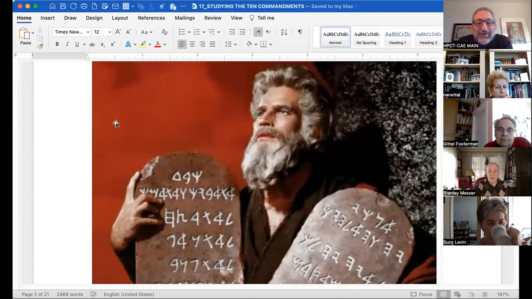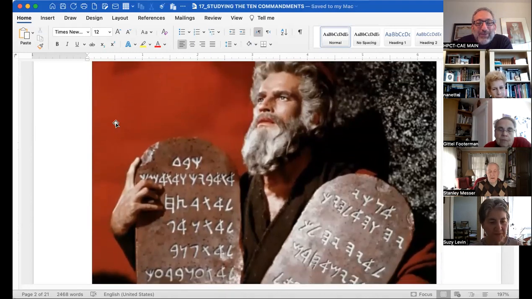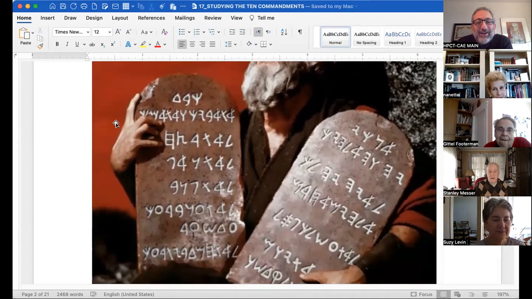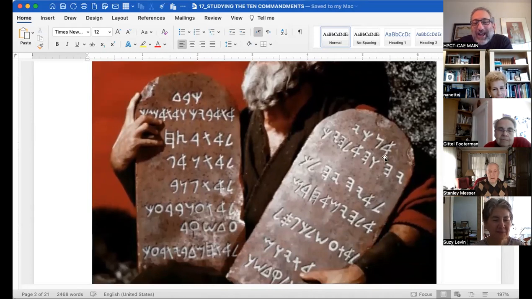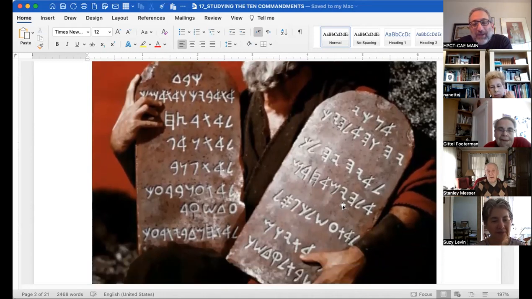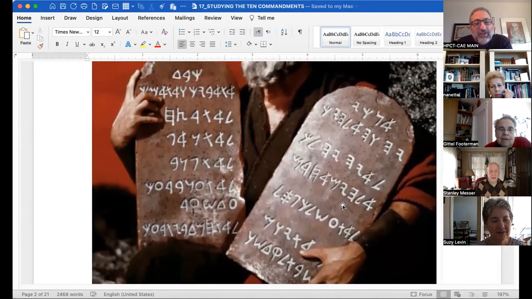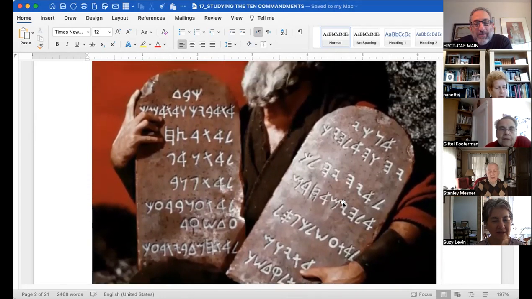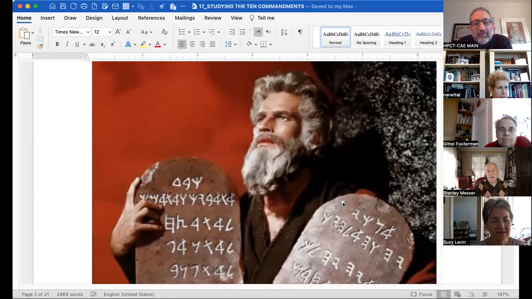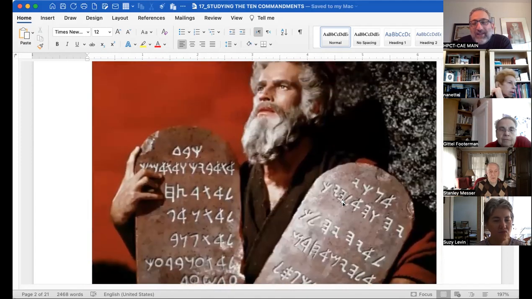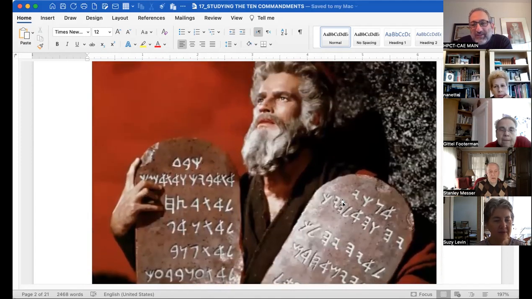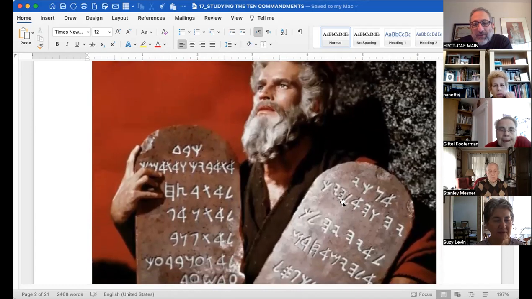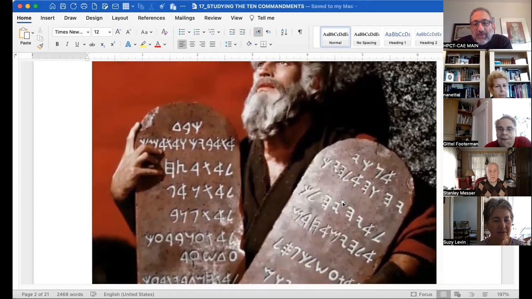Here's the beautiful Charlton Heston, and okay, they got it right, and I've not deciphered this. I bet you this is Anochi, but I think that these are random. I'm not sure. I didn't spend time trying to transcribe this. But they got it right, because I bet they had a good consultant on the film who said, look, if you're talking about the Bible, this is the script they use.